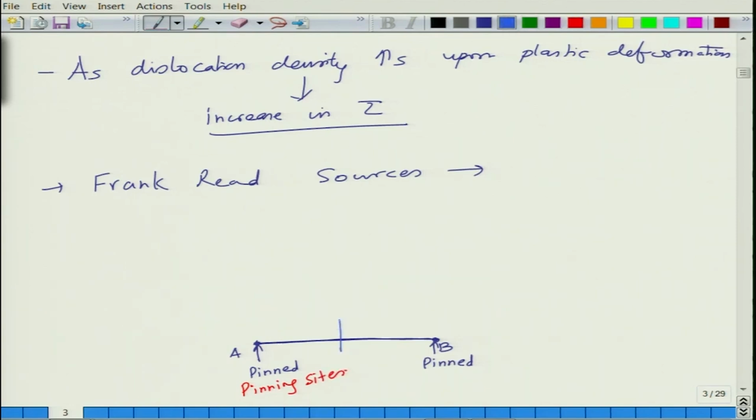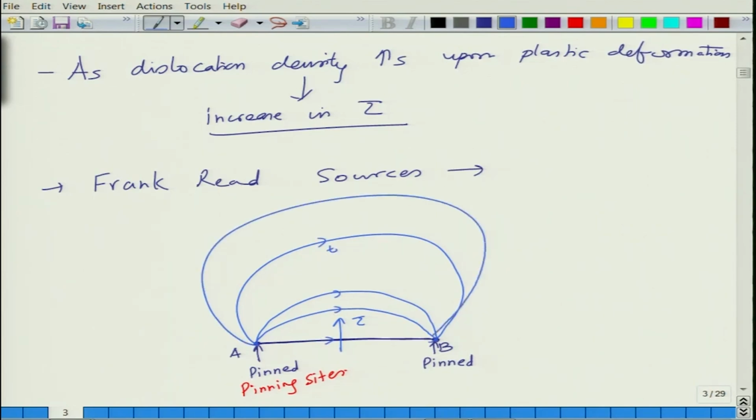As you apply the stress tau, we saw that this dislocation tends to bulge out slowly, gradually in this fashion, and this is, mind you, the dislocation line T. So this is the T vector.